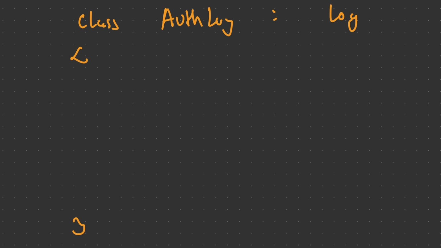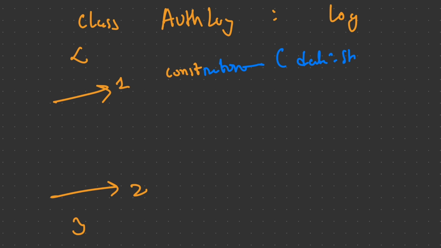Let's say at this point you want to use the first constructor, and here you want to use the second constructor. You will just use the constructor keyword, then data of type String, and you will simply extend it using the super keyword and pass the data here.